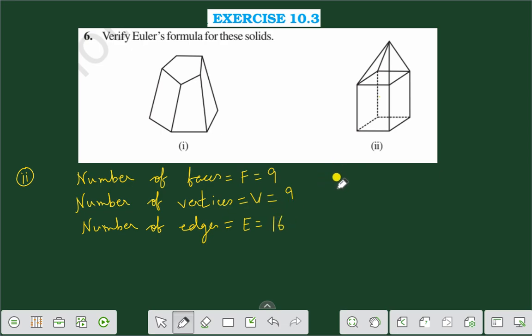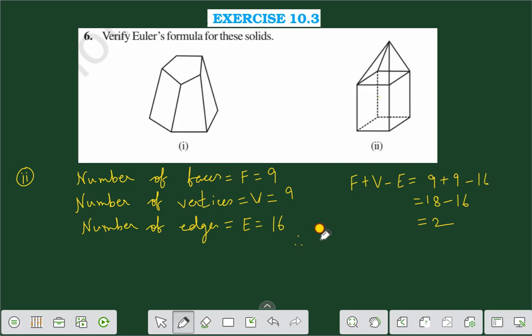Now we have F plus V minus E. Number of faces is equal to 9. Number of vertices is also 9. And number of edges is 16. Therefore 9 plus 9 is 18, 18 minus 16, and that is equal to 2.